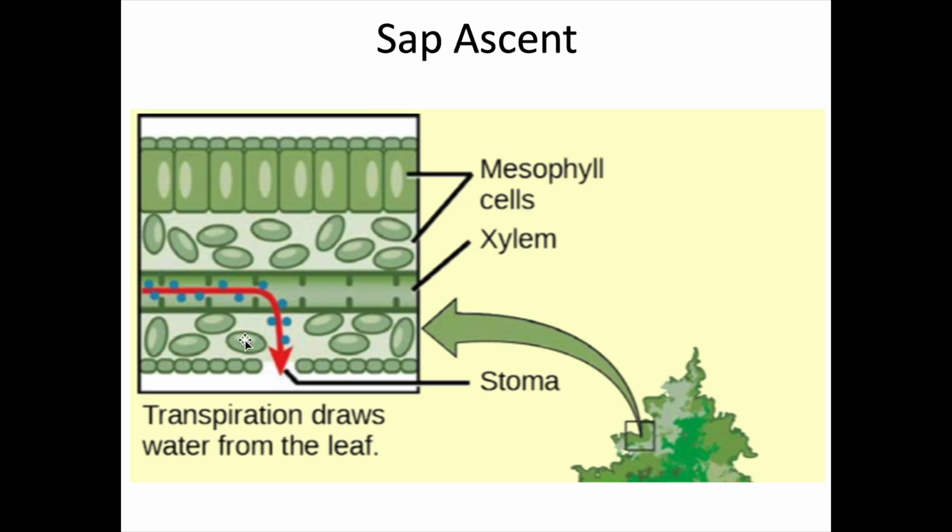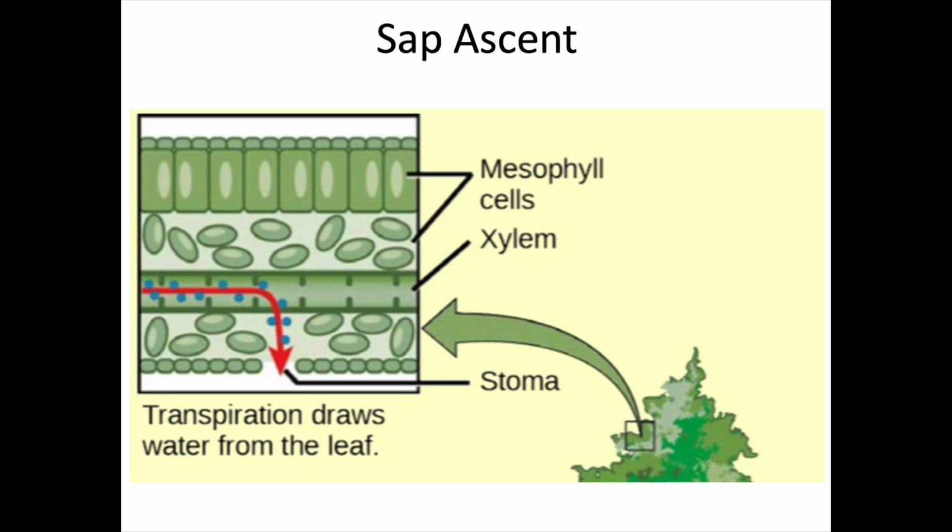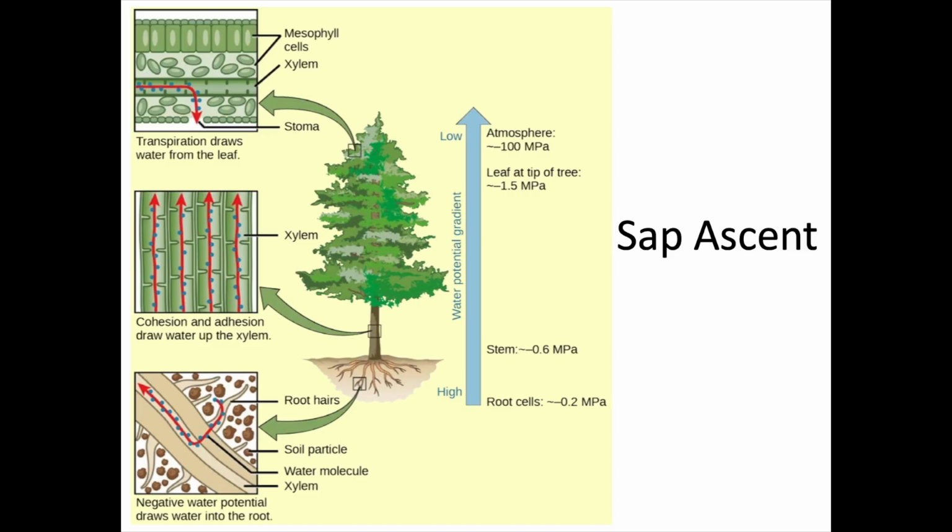This is kind of like, it feels wasteful because you're getting rid of all this water that you spent all this trouble of transporting. And indeed, about 90% of the water that most plants take up from their roots just leaves the plant again through the process of transpiration. But it's worth it because this all happens without having to spend energy, without having to spend ATP.